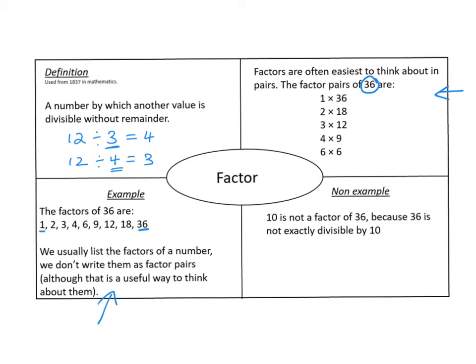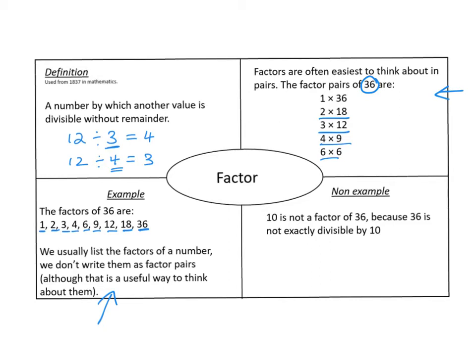In this box here, we're listing them. 2 times 18 is 36. So 2 and 18 are factors of 36. 3 multiplied by 12 is 36. So 3 and 12 are factors of 36. 4 multiplied by 9 is 36. So 4 and 9 are factors of 36. And 6 multiplied by 6 is 36. So 6, we only write it once. 6 is a factor of 36.